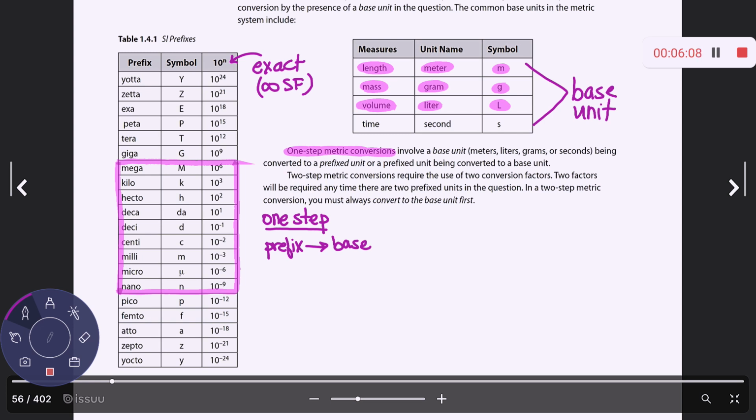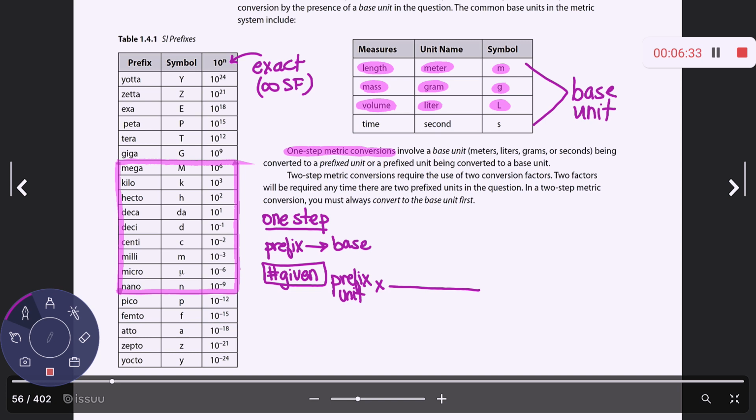So if I have something like whatever number that you're given, you're going to write it here with the prefixed unit after it, okay? And this is just the generic setup that I'm giving you, okay?